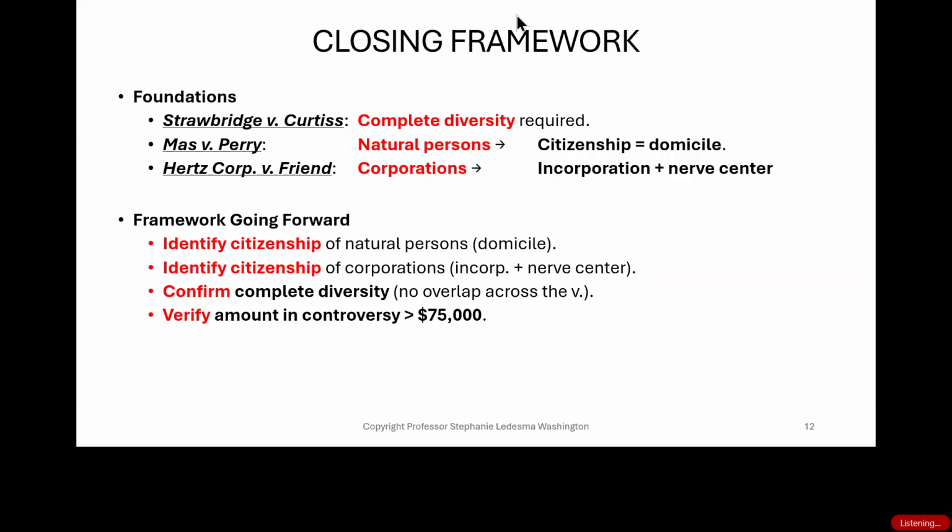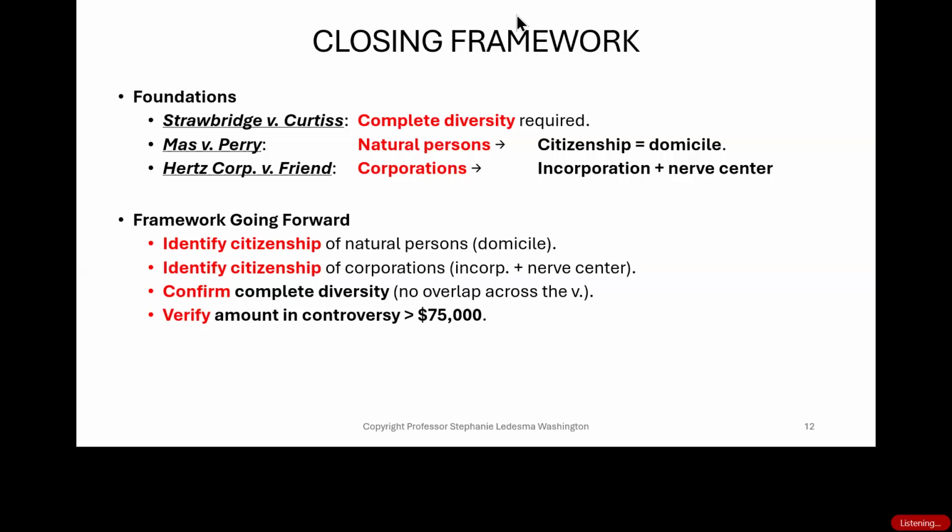So when you analyze a diversity problem going forward, you now know how to complete the framework. You have to identify the citizenship of the individual if that's the call of the question, and you do that with the domicile test.